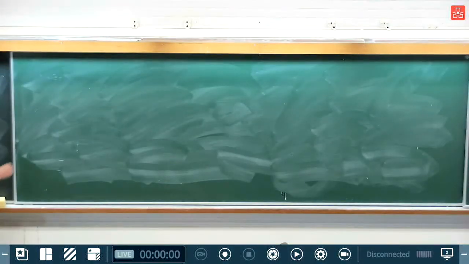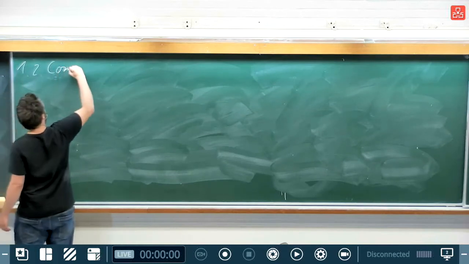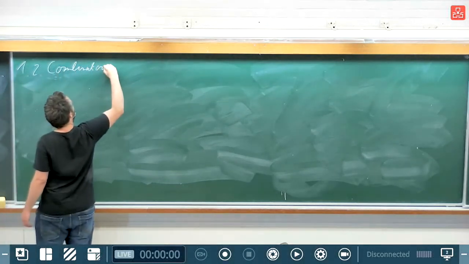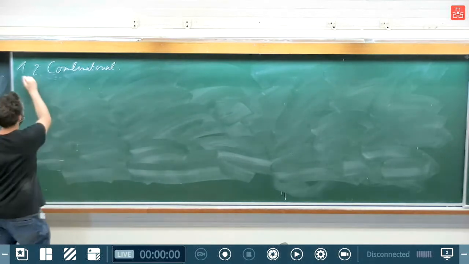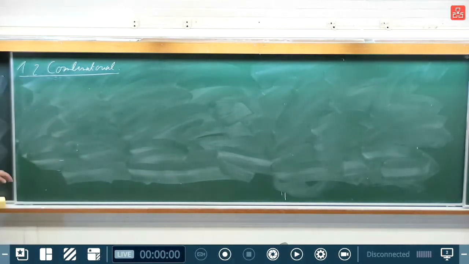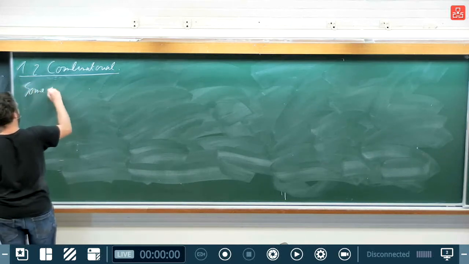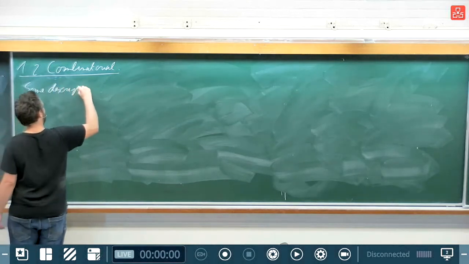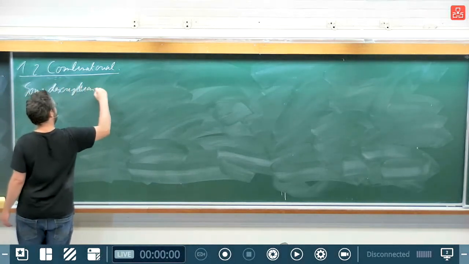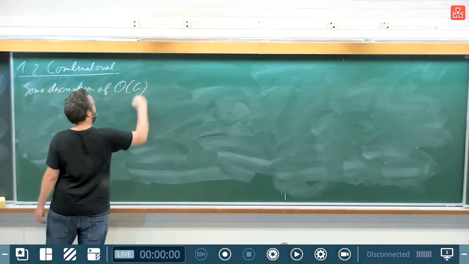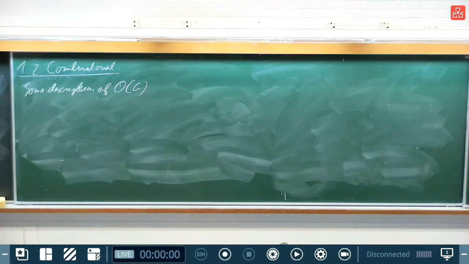So now let me go to the second part of this. I want to give you a combinatorial description of the character variety. You might argue that what I explained to you before was already combinatorial, but basically it reduced everything to a bunch of copies of G. So really what I want is some description of the algebra of polynomial functions on G. And I will give you not one, not two, but actually three descriptions of this algebra.